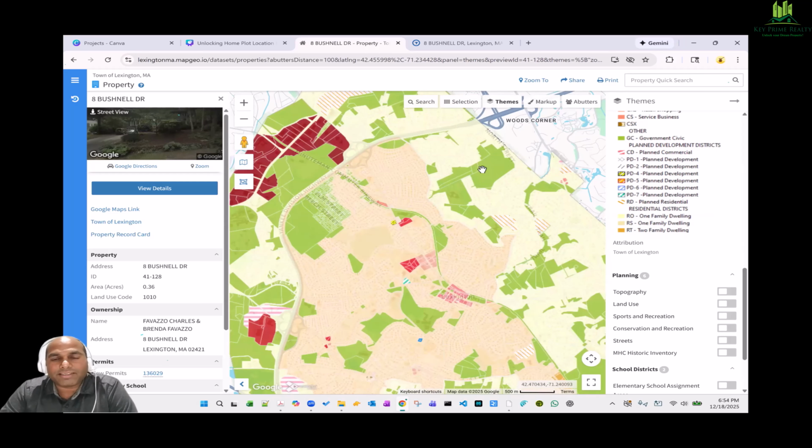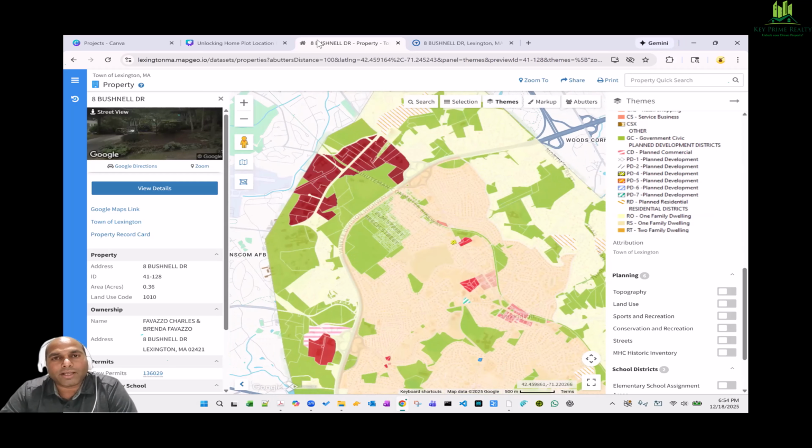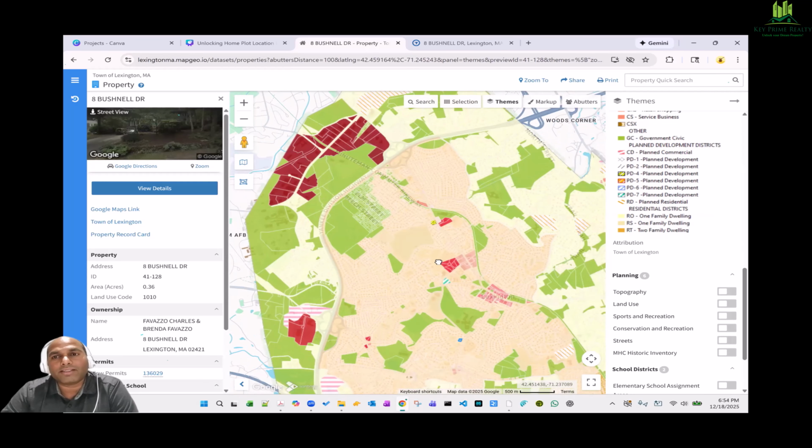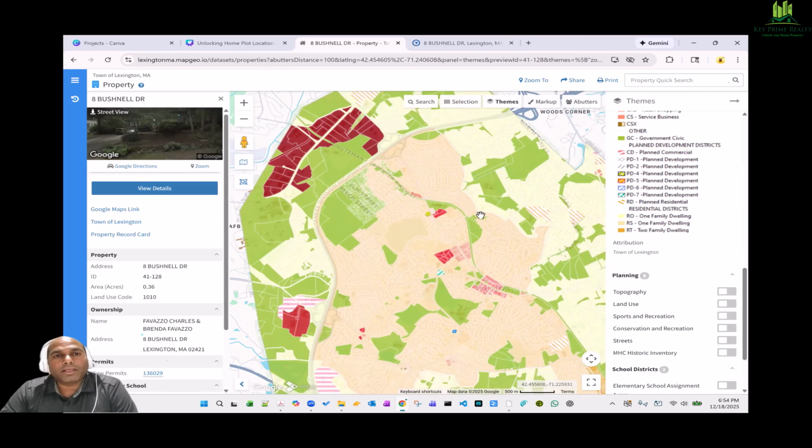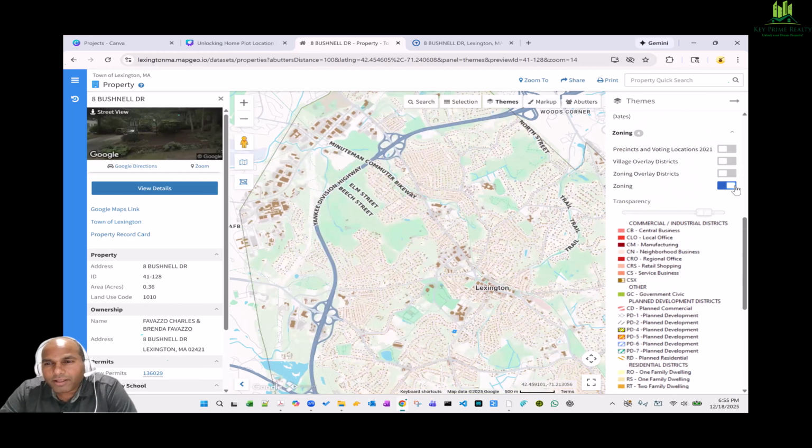But anyway, this is the source. As you can see, the town specific GIS map has a comprehensive set of information that is added to the Massachusetts zoning GIS map. And then you have a whole lot of information here. If we take out zoning, then topography.